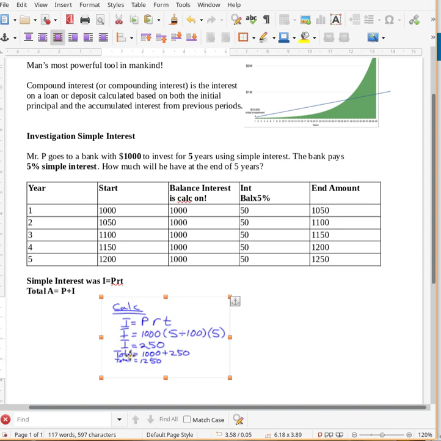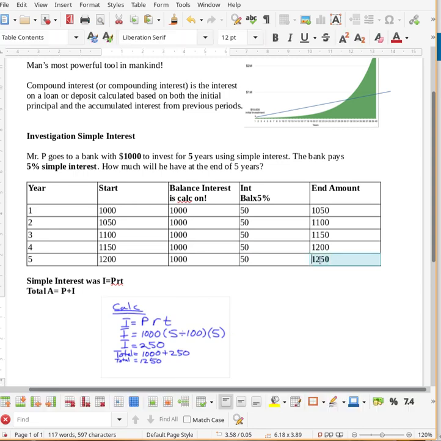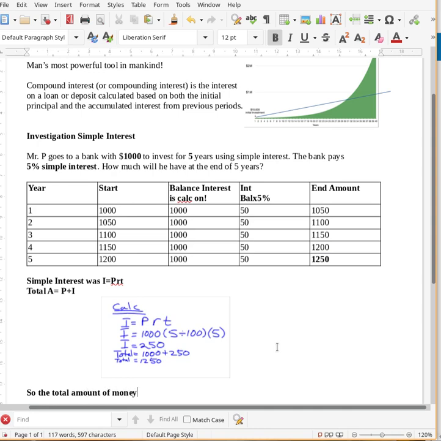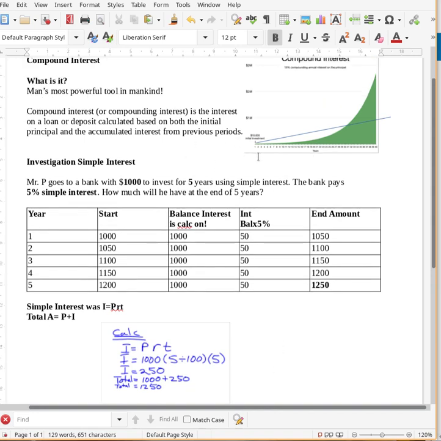Then the total amount of money is $1,000 plus the $250. Isn't that what we got right here in the bottom corner of our calculation? So the total amount of money made in 5 years is $1,250. Now, that is simple interest. So that is what this line looks like in our calculations. Okay?